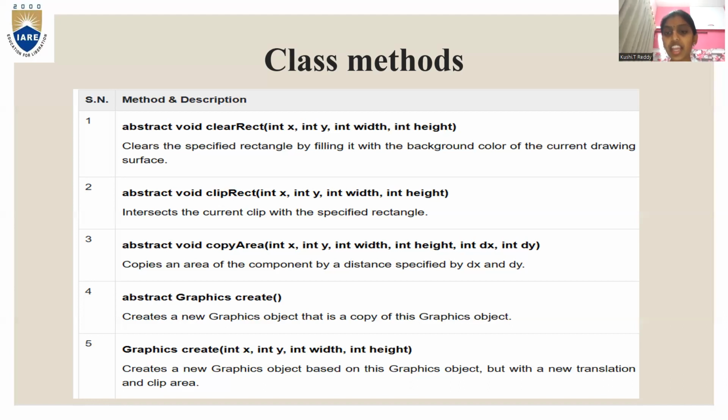Next, abstract Graphics create() creates a new graphics object that is a copy of the graphics object. Next is Graphics create(int x, int y, int width, int height), which creates a new graphics object based on this graphics object, but with a new translation and clip area. So based on the given measurements, a new graphics object is created.